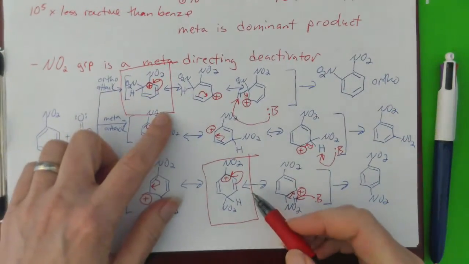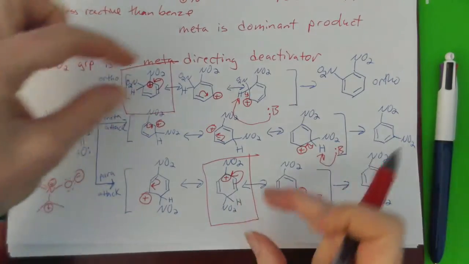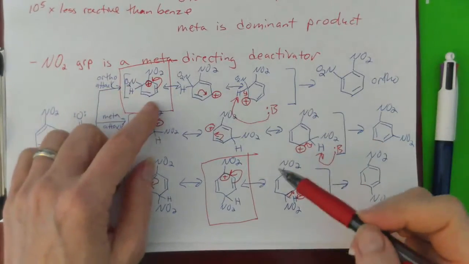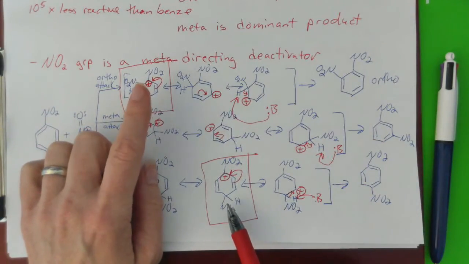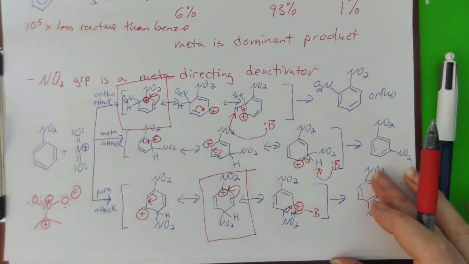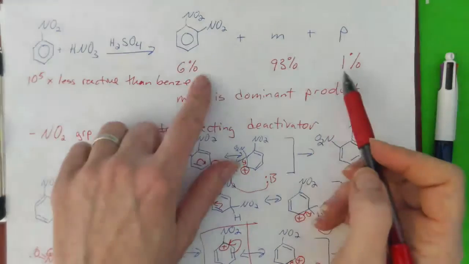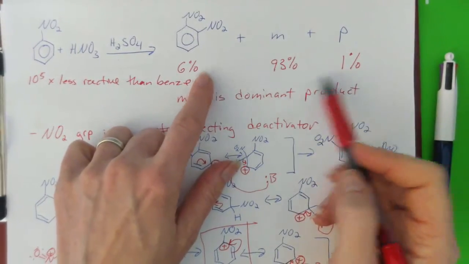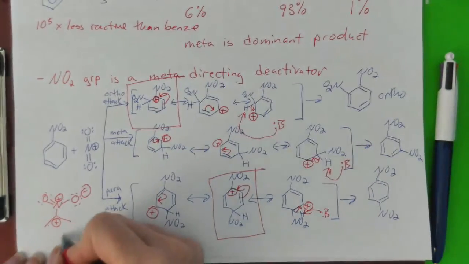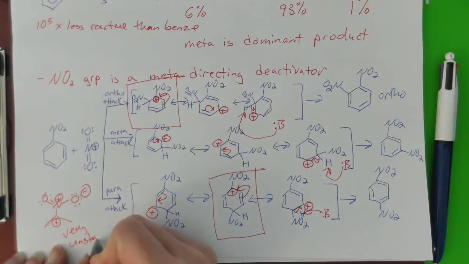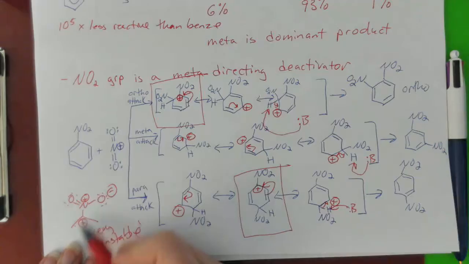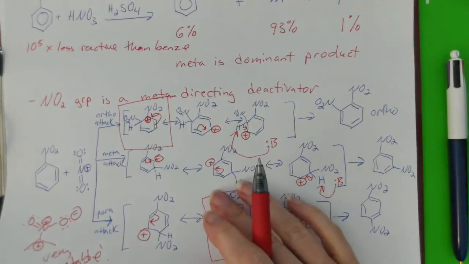So both of these structures here destabilize their intermediate. So both the para intermediate and the ortho intermediate are destabilized because of these resonance hybrids here. So this explains the regiochemical outcome that we see up here. Okay. So again, it's very, very unstable to have like charges next door to each other.